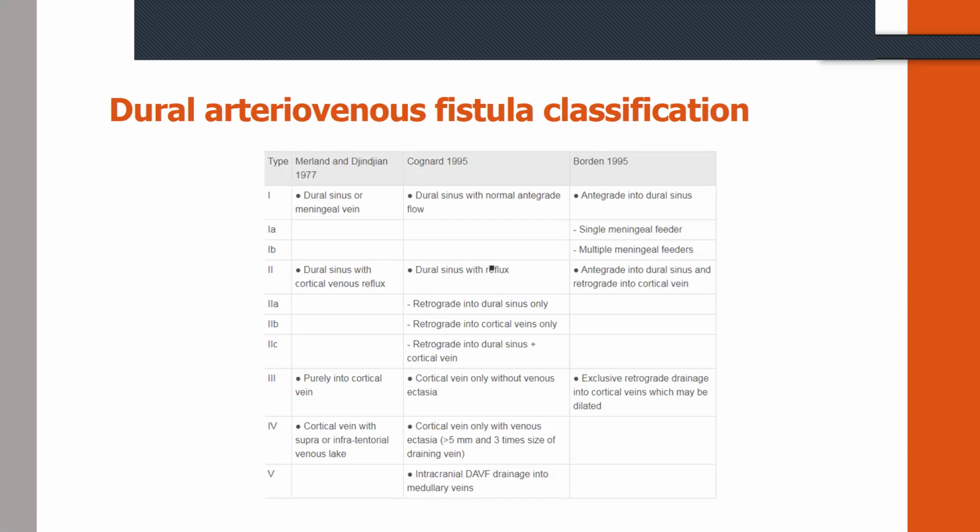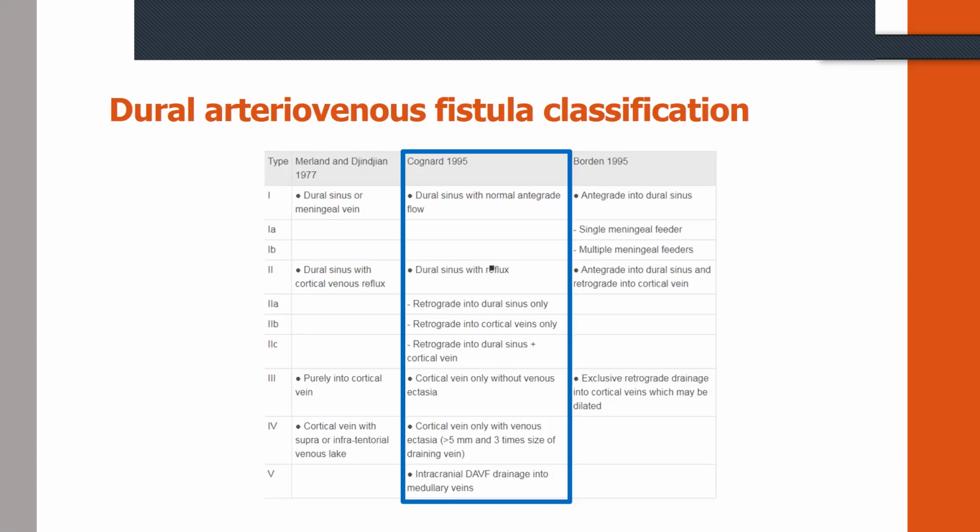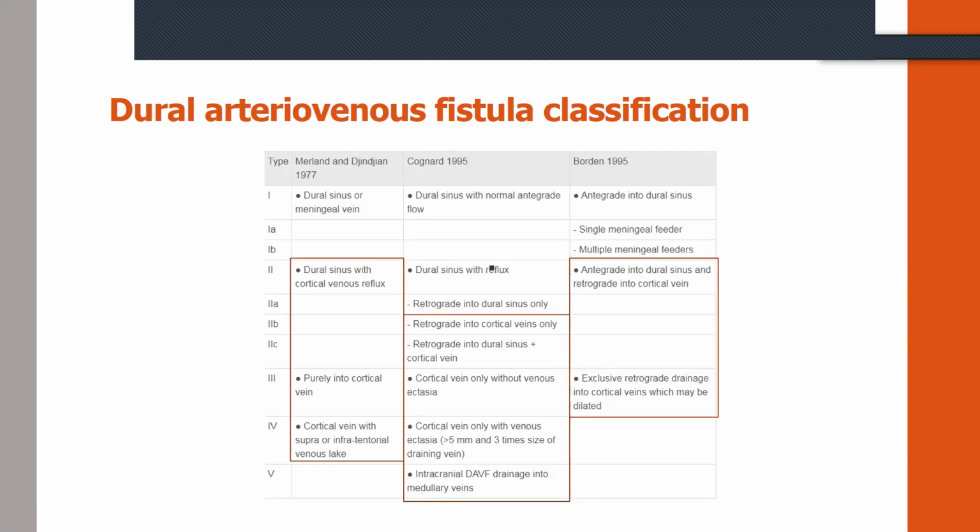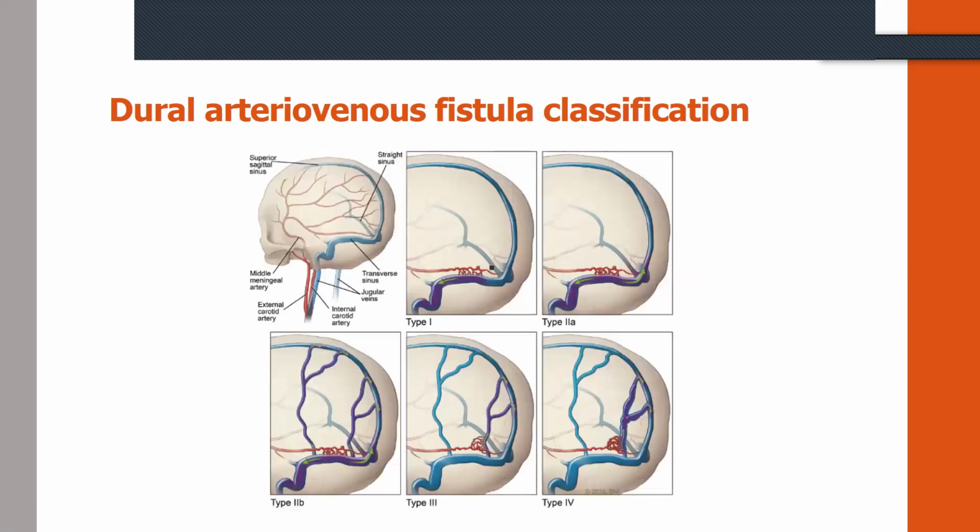And I think the next slide highlights where the cutoffs are. Some people think that this is a natural progression of the lesion, that some lesions start off as a type 1, and then they gradually progress into this horrible looking type 4 lesion. Type 4 is a very high risk lesion where the arterial to venous connection ends up becoming direct, the artery directly dumps into the cortical vein.